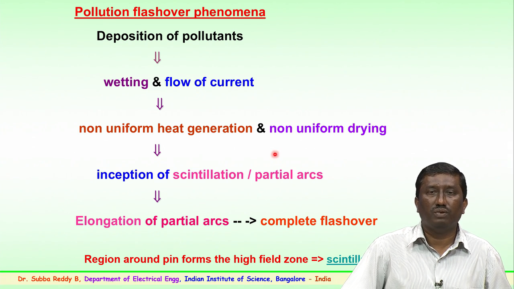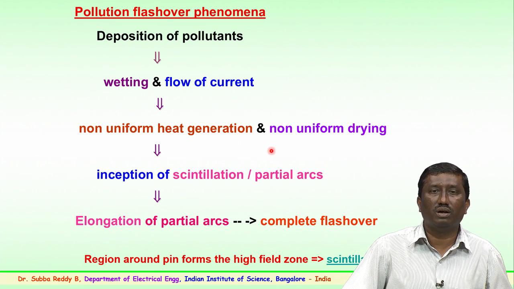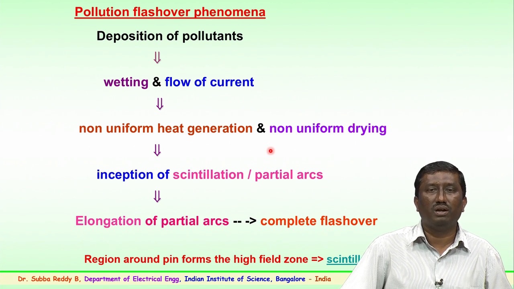The wet band is where the current flows and the pollutants are accumulated, and the dry area is where the pollutants are not existing. Because of this non-uniform dry band and wet band formation, non-uniform heat generation and non-uniform drying happen on the surface of the insulator.